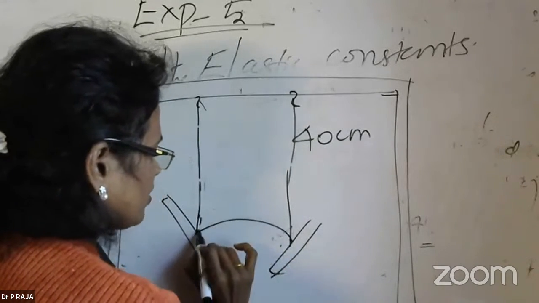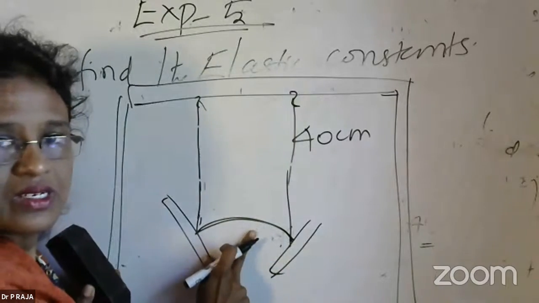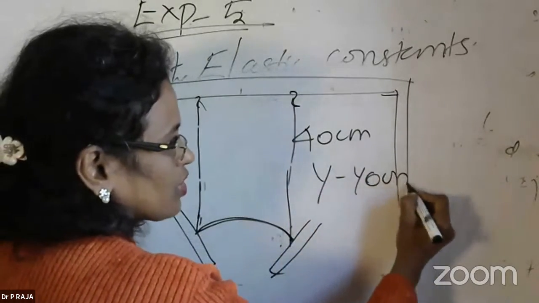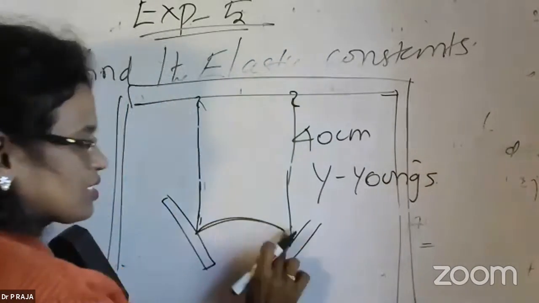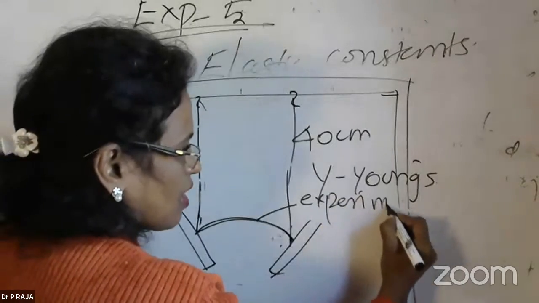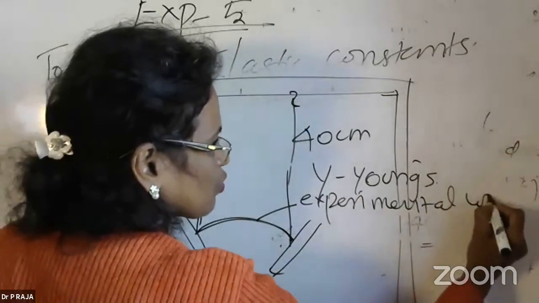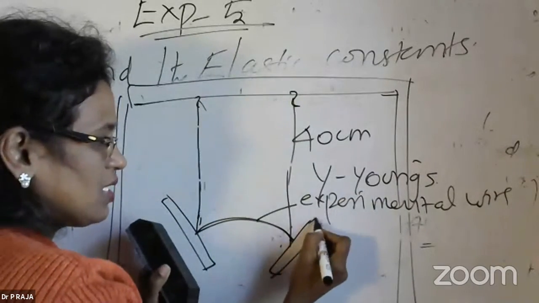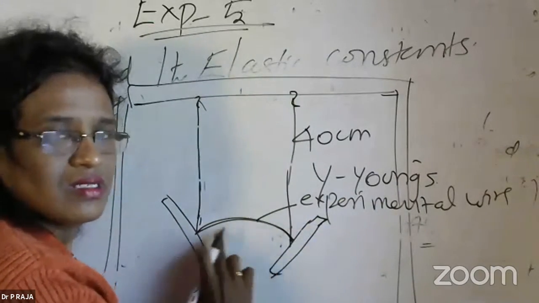You are trying to give a bending couple to it. The first part of the experiment is to find the Young's modulus. To do that experiment, this is the experimental wire that will be bent by making an arc between both the rods.